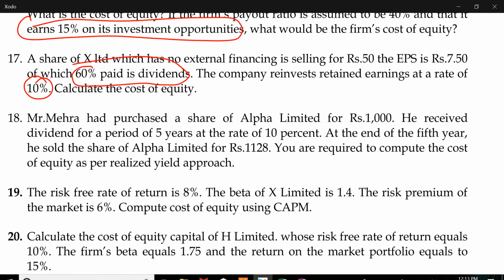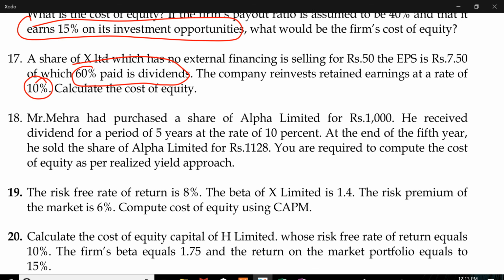You get 4.5. It is assumed that this is D0.